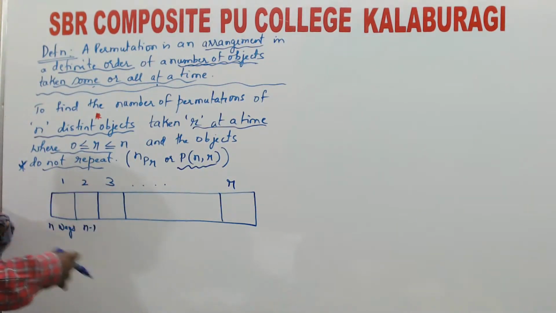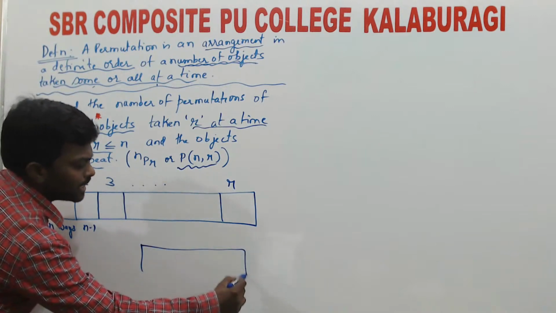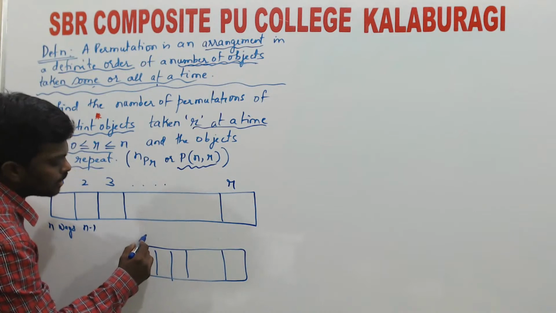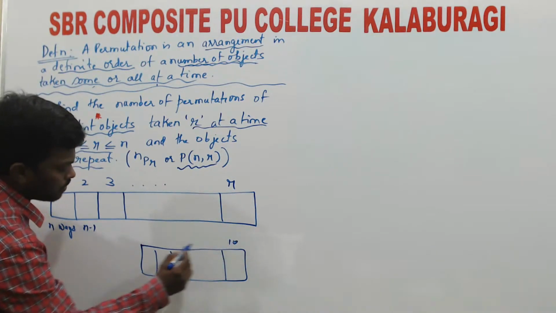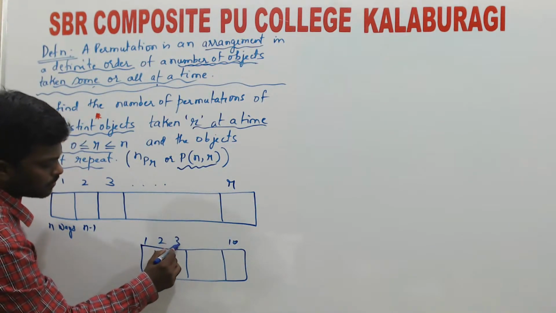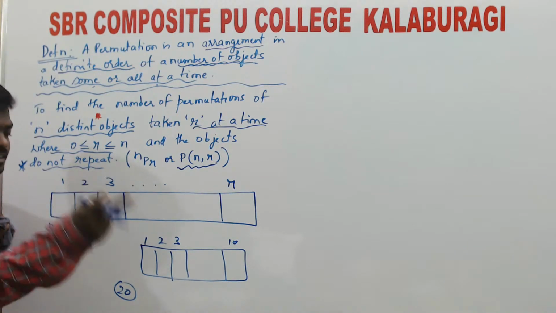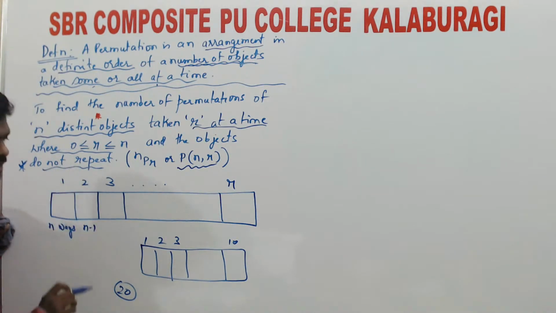So we are getting reduced now. For example, we are given 20 objects and they are asking us to arrange among 10 objects, and the condition is they do not repeat.